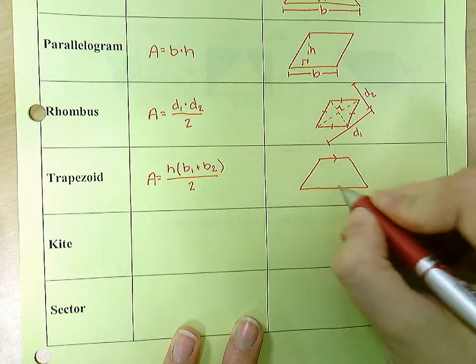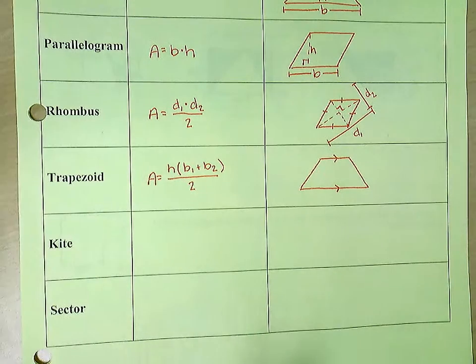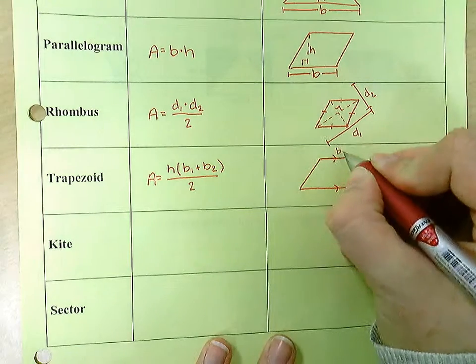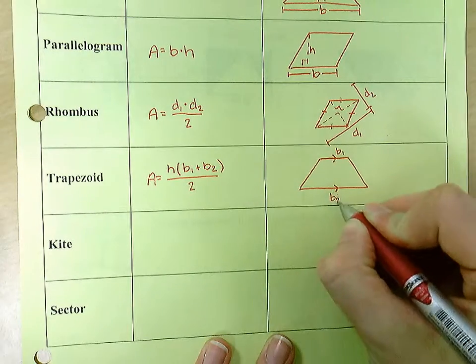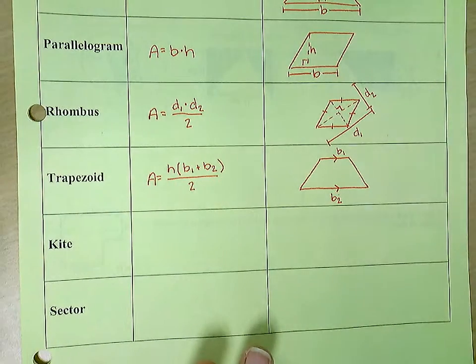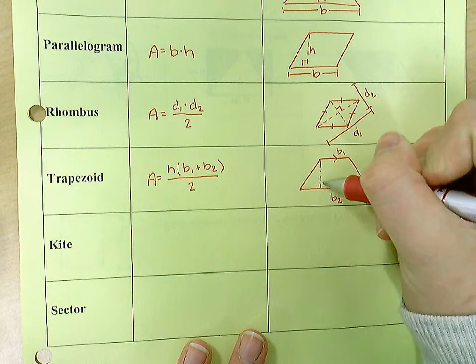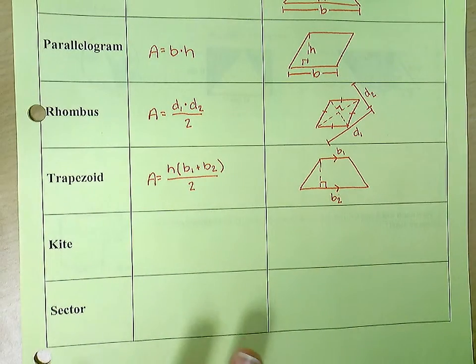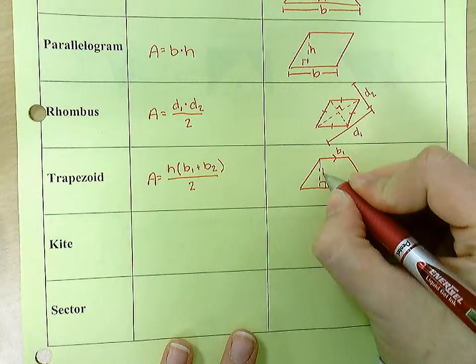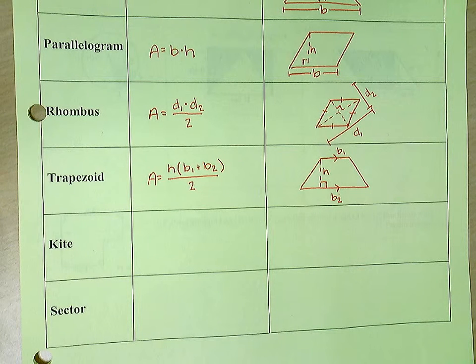Okay, so one pair of parallel sides, those arrows indicate they're parallel. Those two parallel sides are your bases. Okay, so that would be base sub 1 and base sub 2. Okay, then again, the height has to be that perpendicular distance between the two bases.